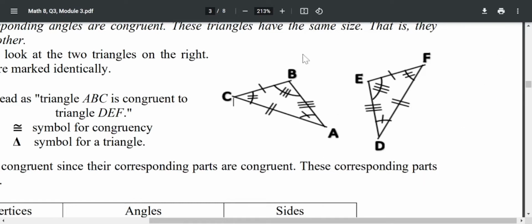The same with this one, side BA, which has three marks. On the other triangle, side DE has three marks, which means side BA is congruent to side ED. So all three sides of our two triangles are congruent.